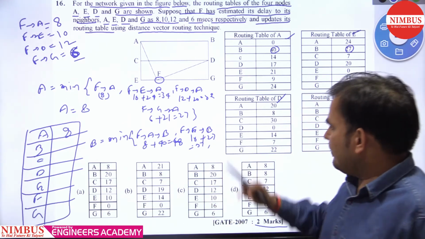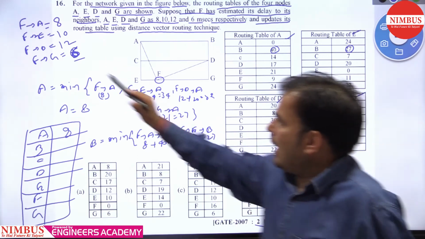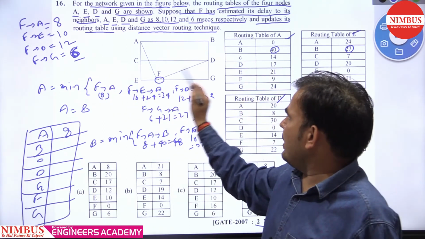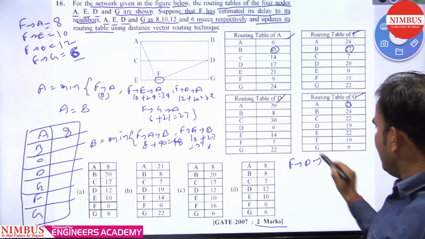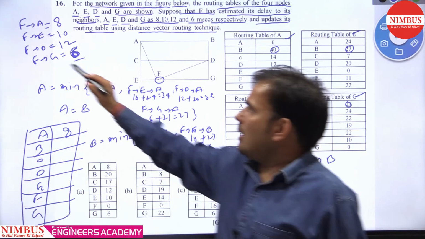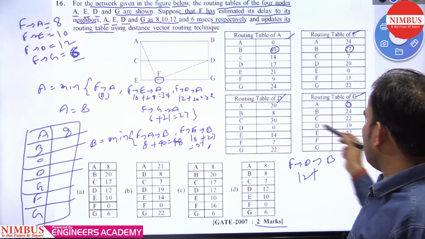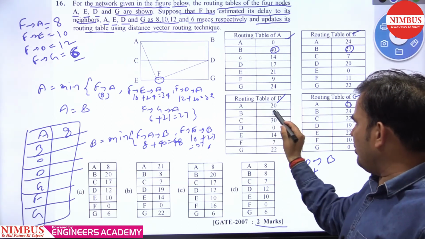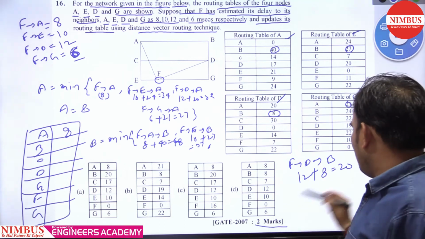In the similar way, F to D, then D to B. F to D is 12, plus D to B in the routing table of D, which is 8. So it is 20.